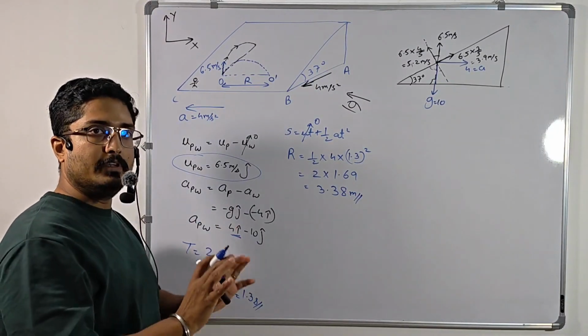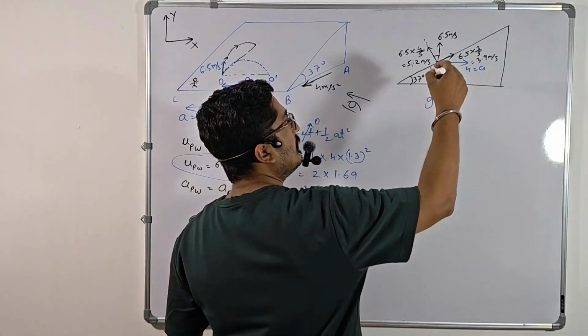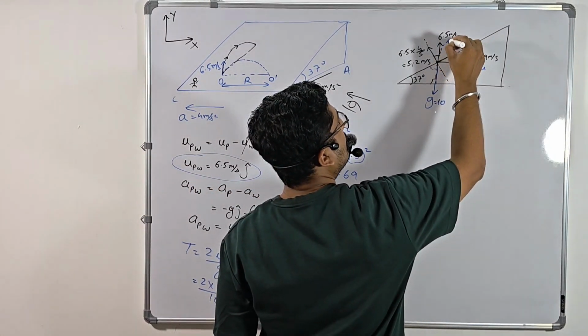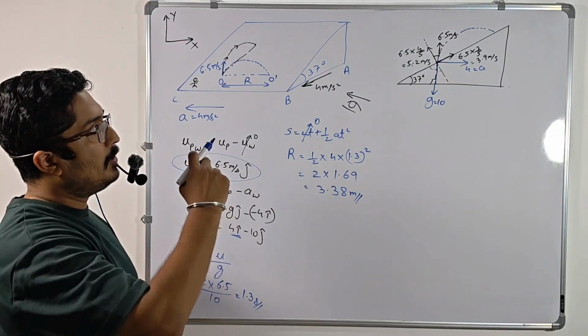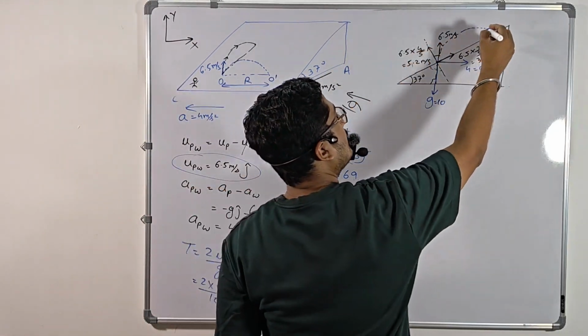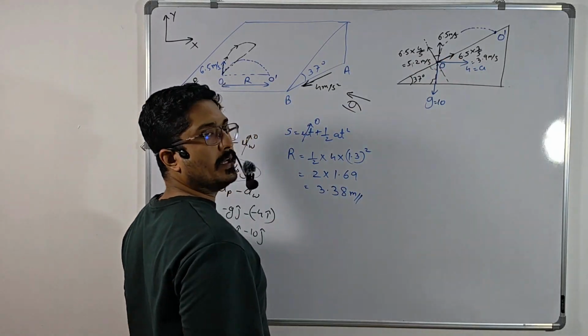Now here also we are interested in finding where the particle would be hitting that inclined plane. So the particle starts like this, and because of the motion of the wedge, the particle would be doing a projectile motion and it will be hitting somewhere here at point O dash. This point is O, like this.